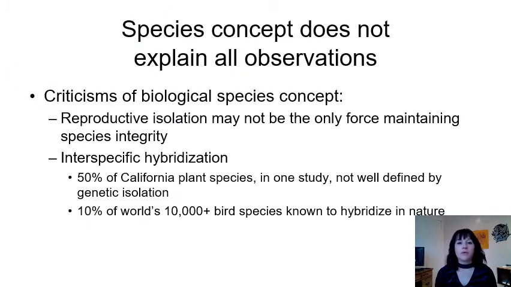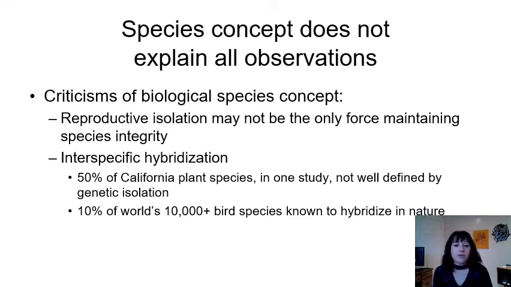Now, as I said before, there are some limitations to our definition of species, right? So is reproductive isolation, the ability to mate, really the only rule to determine species? No. Scientists have shown that characterized unique species sometimes do interbreed and produce hybrids, right?